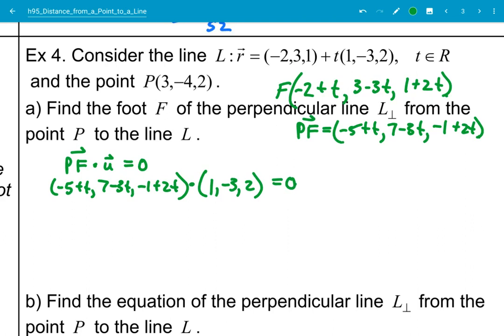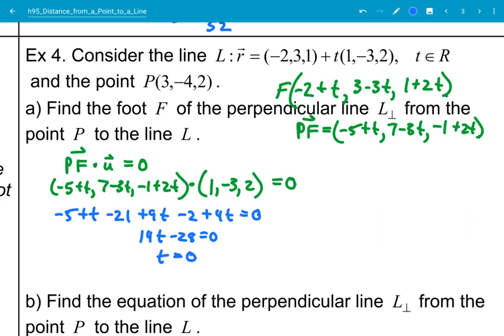Now you just have to be careful of your integers so that things will work out. -5 plus t minus 21 plus 9t minus 2 plus 4t is equal to 0. I have 14t minus 28. Yeah, so t is equal to 2. And our foot point F will be at -2, not 0, it'll be 2. So our foot point will be at 0, -3, and 5. So there's our foot point.